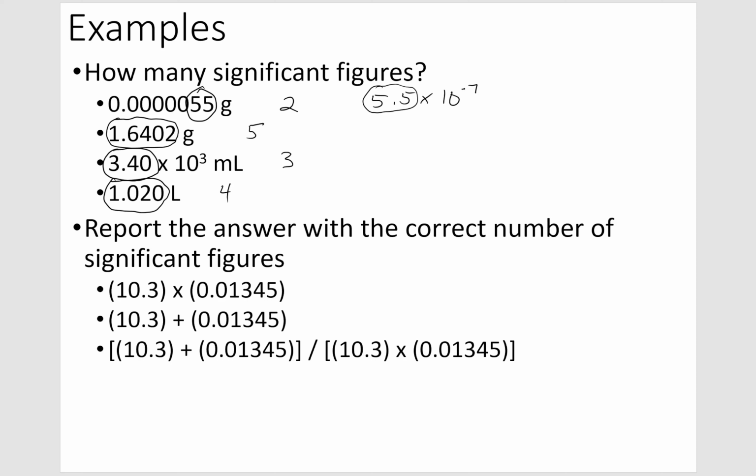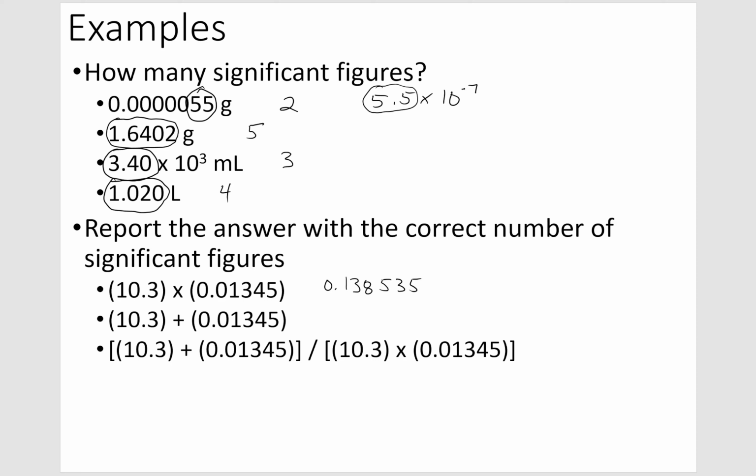Okay, so let's go ahead and do a couple of calculations. First I'm going to take 10.3 times 0.01345, and I get the answer 0.138535 when I put that into my calculator.